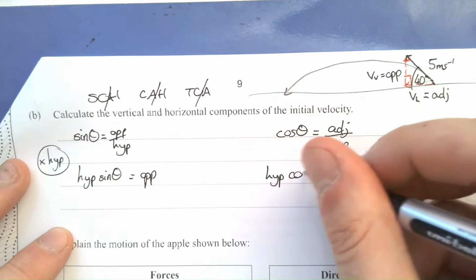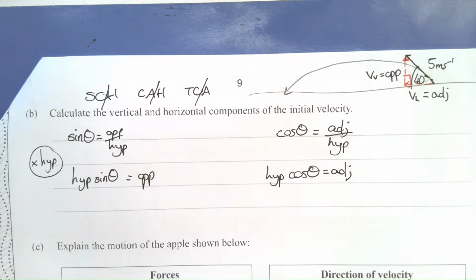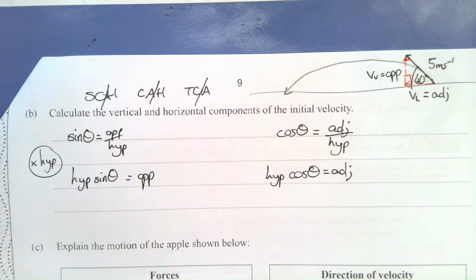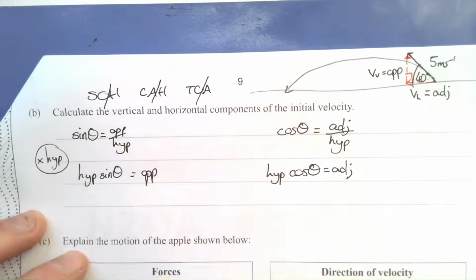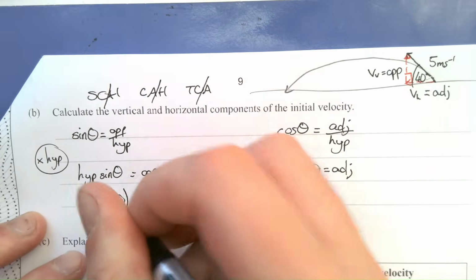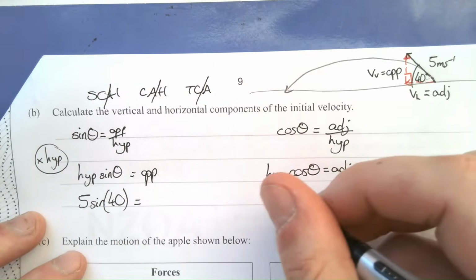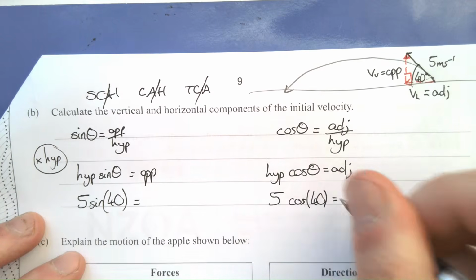And really, you shouldn't use 3 letters as algebra, but just so it's super clear that it's each side, I'm going to. Then, because we know the hypotenuse and the theta, we just have 5 sine 40 equals and 5 cosine 40 equals.